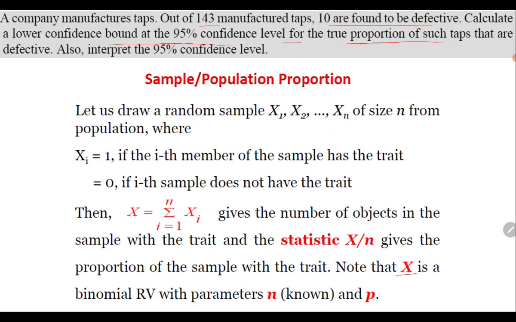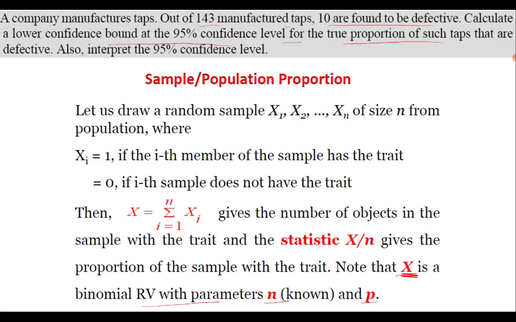So here the statistic is a binomial random variable with parameters n and p, where n is known and p is unknown. So you need to find the confidence interval for p.